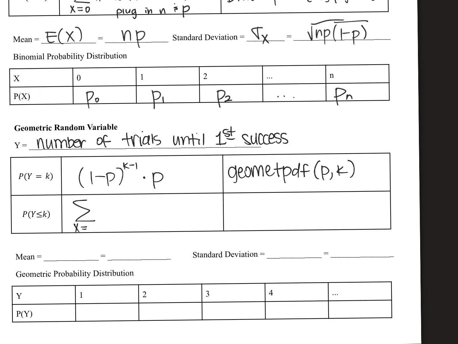We start with 1 and go to k, and then it's 1 minus p to the k minus x times p. Or you can use geometric cdf with p, k as well.